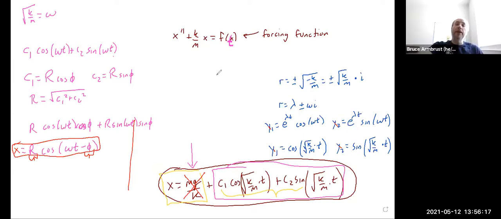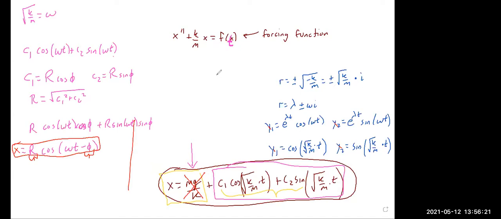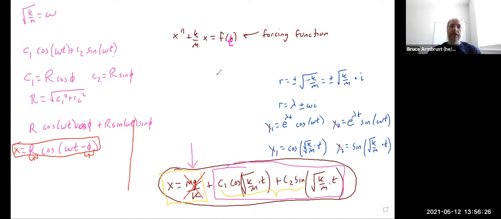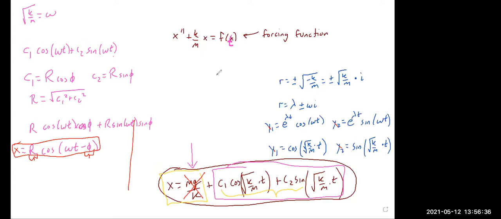It gets incorporated into the mass times acceleration, so it really doesn't change anything, and this equation is still this equation. But I'm looking for a specific type of function that's going to be an issue.